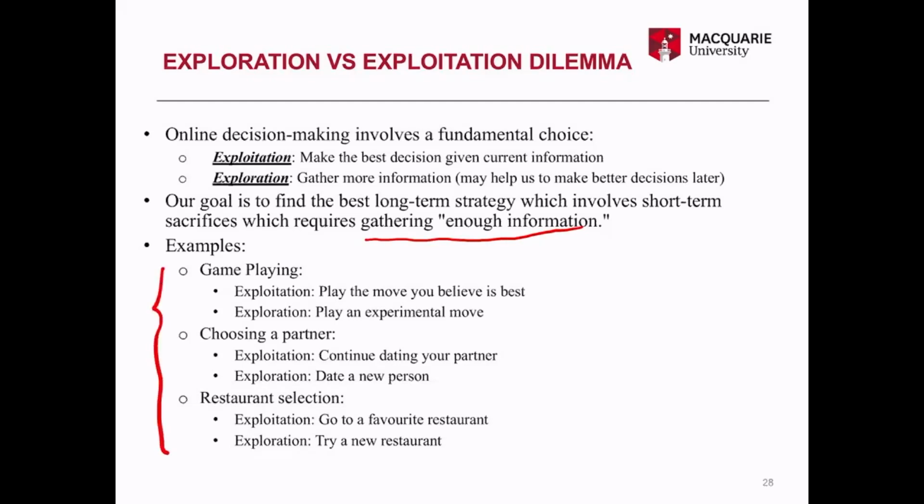So the thing is, without having enough information, it is really not possible to make the optimal decision. But at the same time, you can't really starve yourself to death. So you must find the right balance. In games, for instance, the move you believe is the best is exploiting what you know, and playing an experimental move can be exploration.